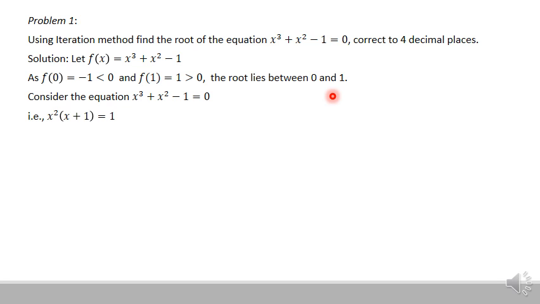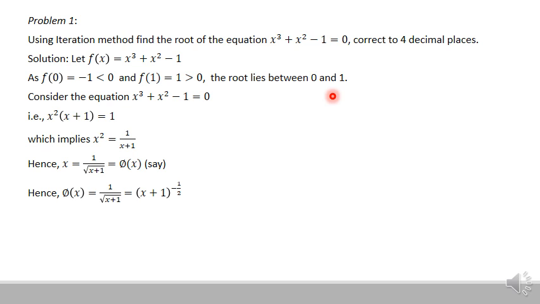So this means the root will lie between 0 and 1. Consider this equation. We will rewrite it as x is equal to 1 by root of x plus 1 and call this as the function phi of x. Hence, phi of x is equal to (x plus 1) to the power minus half.